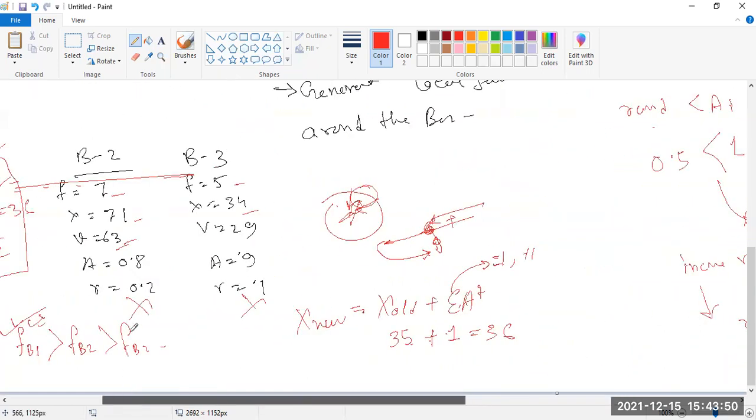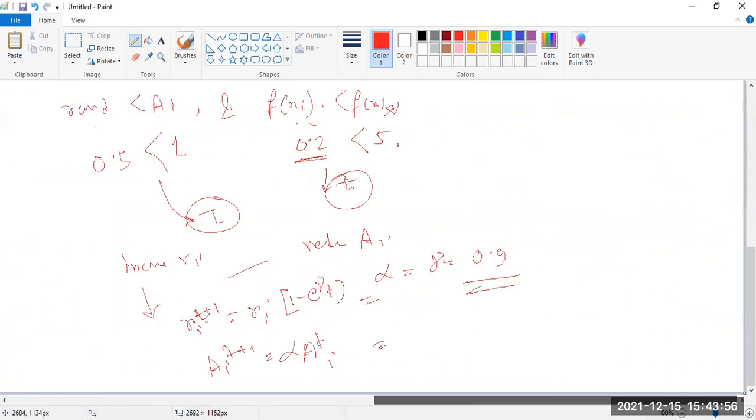But these should be updated. If we update them, then we get bat 1, bat 2, bat 3. The loudness is decreased as the bat moves close to the prey, and the pulse rate emission should be increased. So this is for bat 1, this is for bat 2, this is for bat 3.